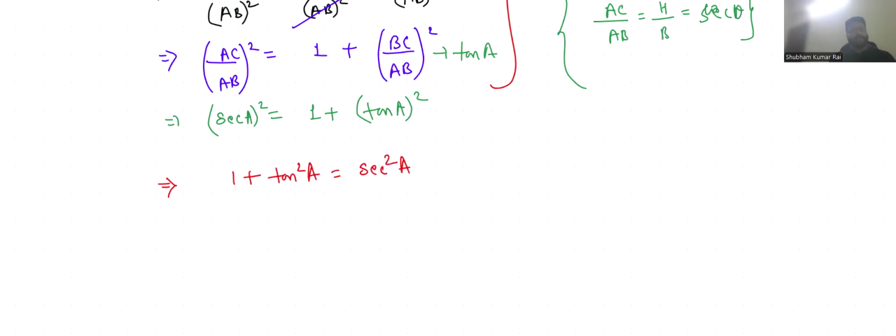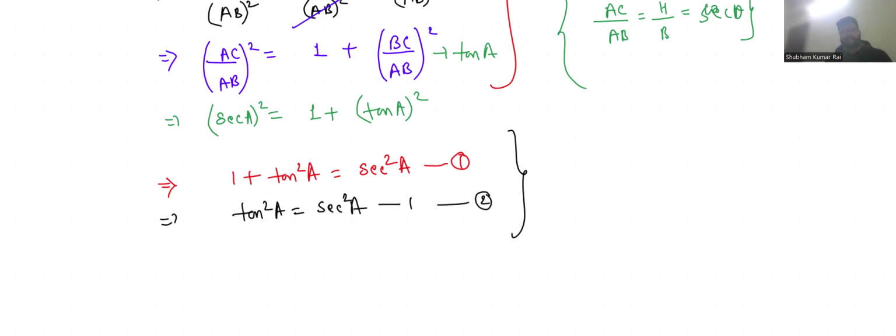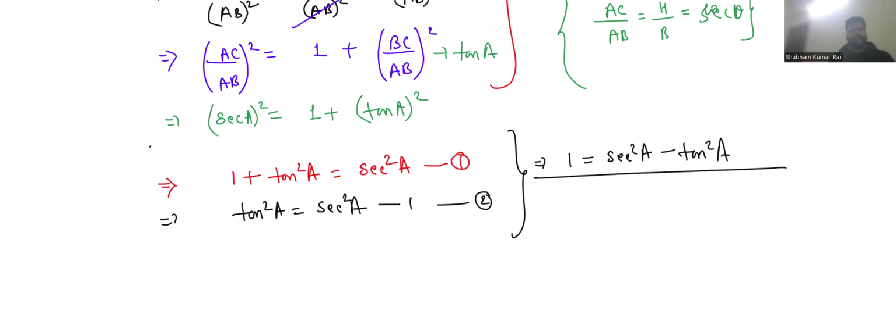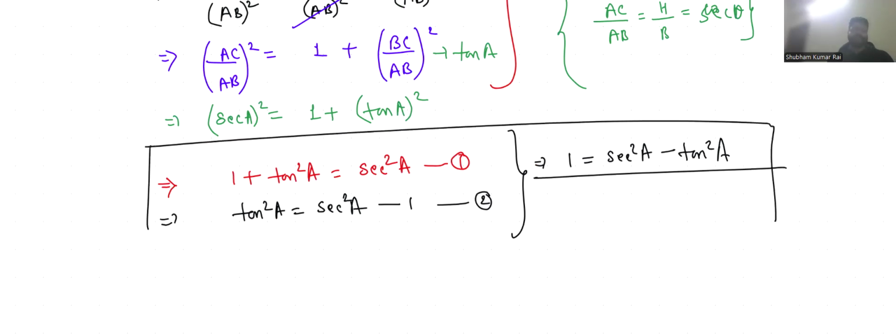And if I just reformat this, I can write it as tan square A is equal to sec square A minus 1, equation number 2. Or the third formula that we can have is 1 equals sec square A minus tan square A. Likewise, this was your second trigonometric identity that is very important to solve the given questions.